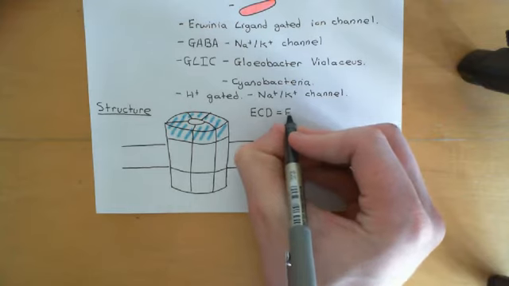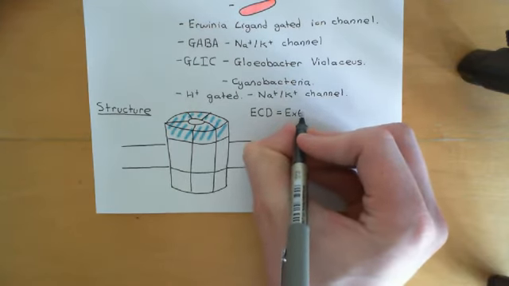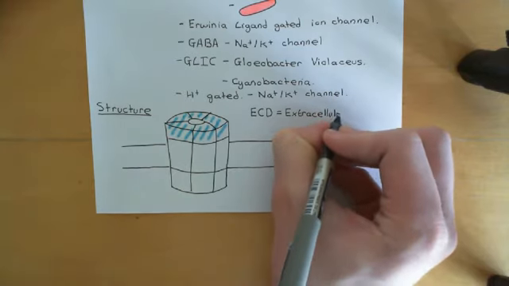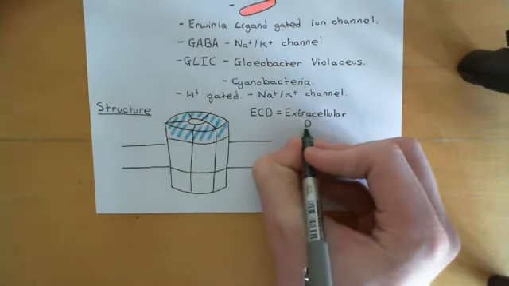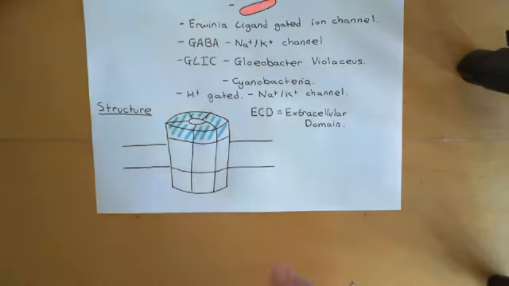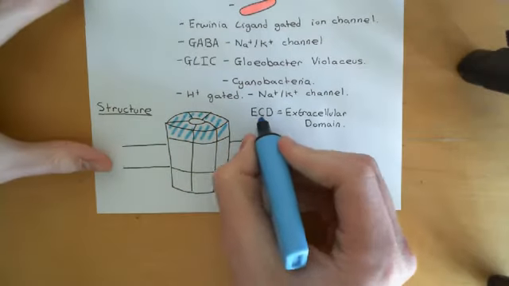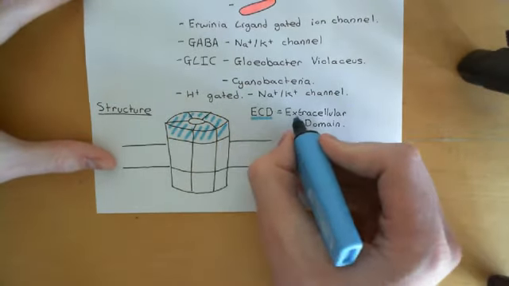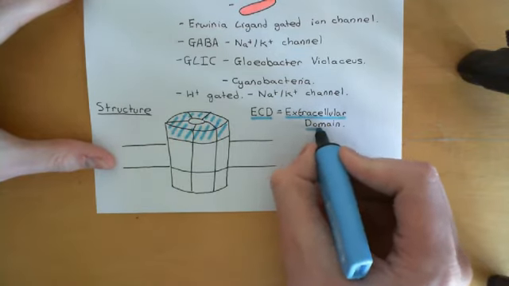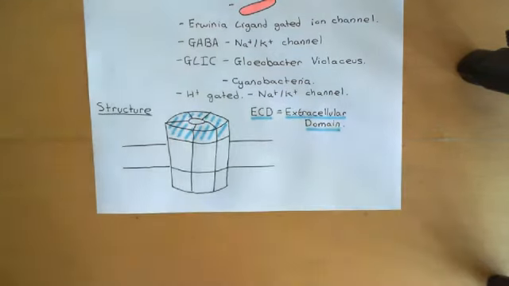I suppose I probably should write it out in full at least once. So this stands for extra, that's the E, and then cellular, that's the C, and then D for domain. That's the portion that's going to contain the Cys-Loop, although as we will see, it contains far more than just the Cys-Loop. It has, in fact, a beta sandwich that consists of 10 beta strands. We'll discuss that more later on.